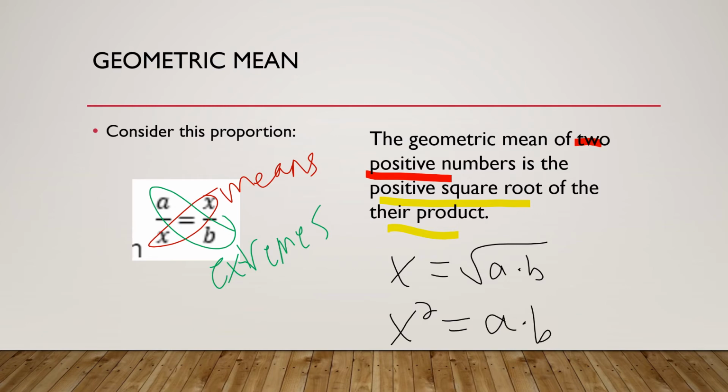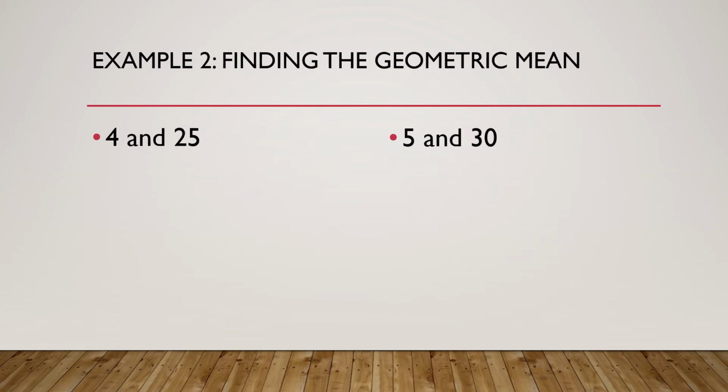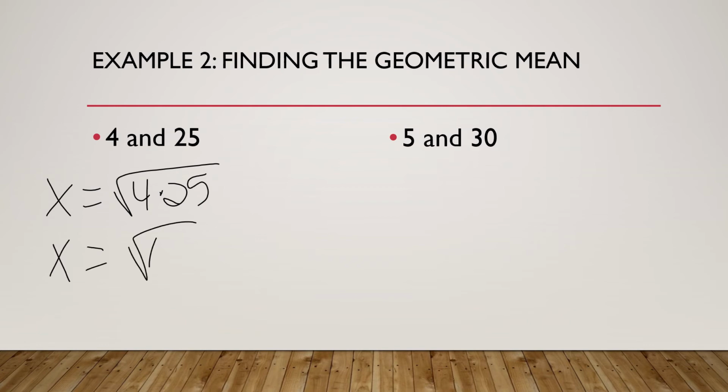So again, if we're going to find the geometric mean, x is equal to the square root of the two extremes. In this case, x would be equal to the square root of 100. The square root of 100 is a perfect square that is equal to 10.